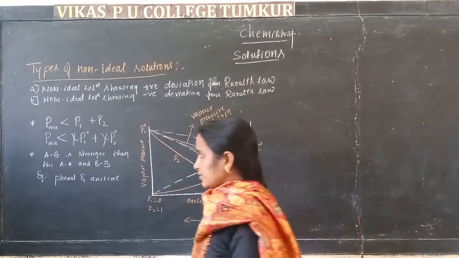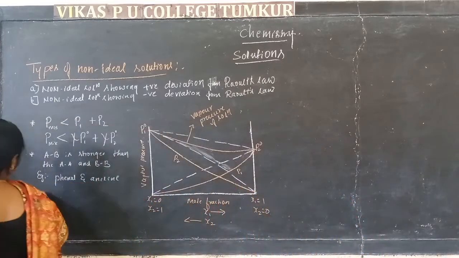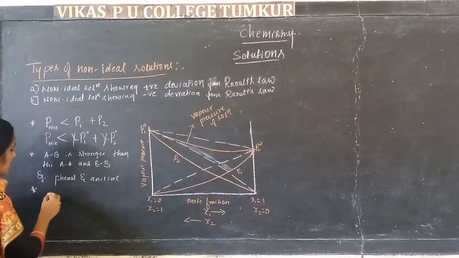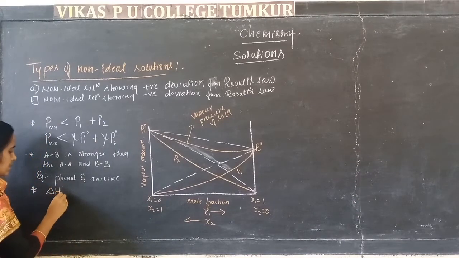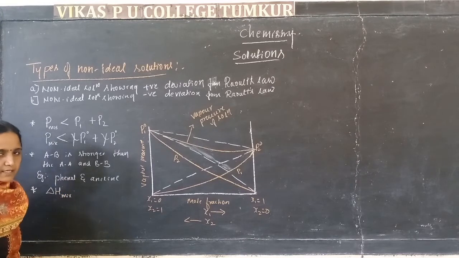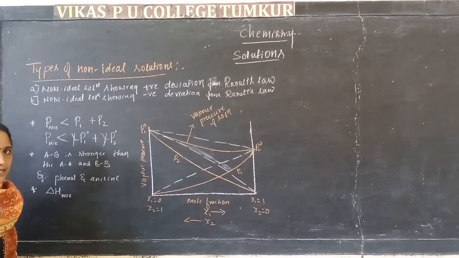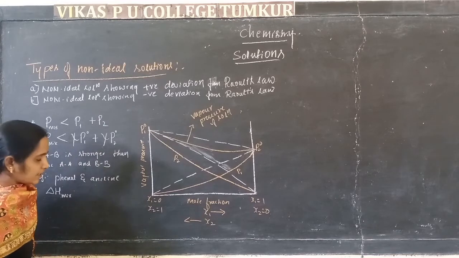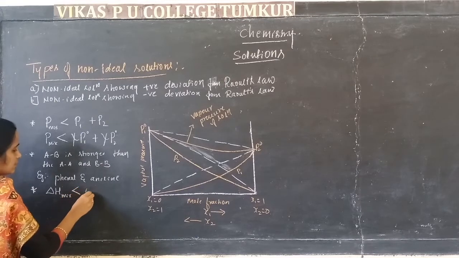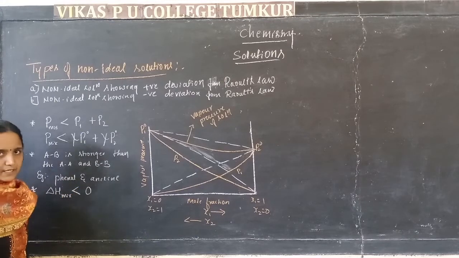Then the next point, we can say that the enthalpy of the mixture is less than the sum of the enthalpies of the components. The change in enthalpy is less than 0. Generally, we can represent it like this also.